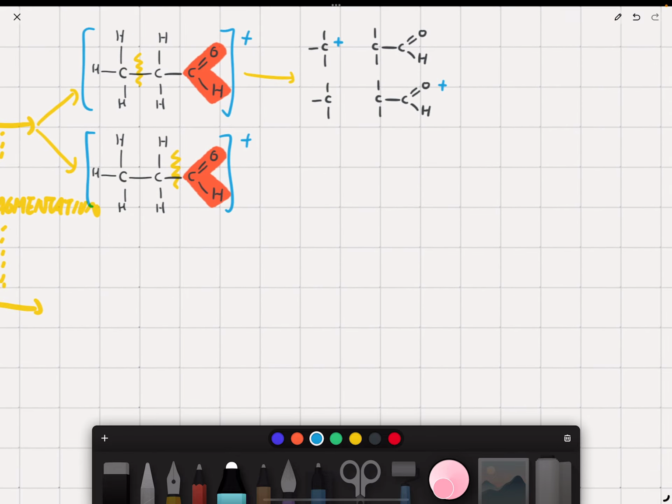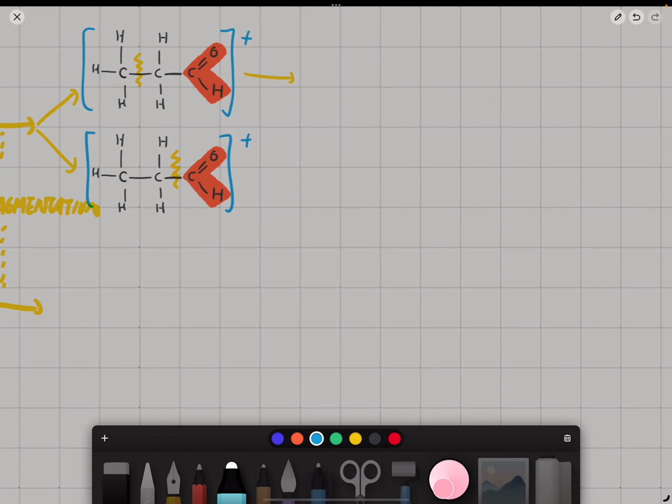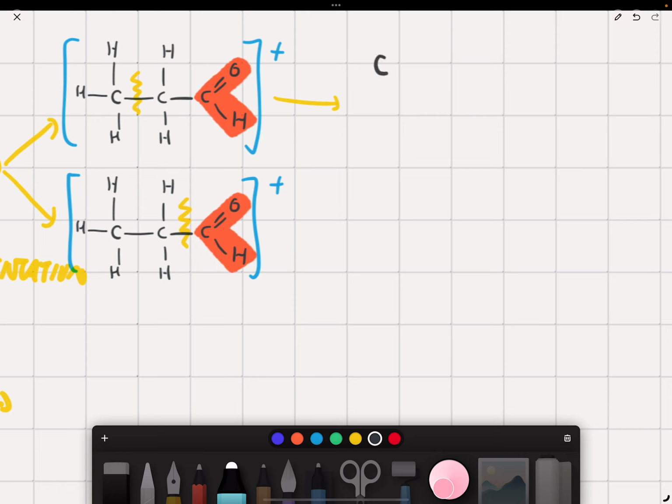Let me just write it this way. You will have CH3 and CH2CHO, or CH3 and CH2CHO. In the first case, the left fragment gets the plus charge. In the second case, the right fragment gets the plus charge. So it's a chance event which fragment gets the positive charge.